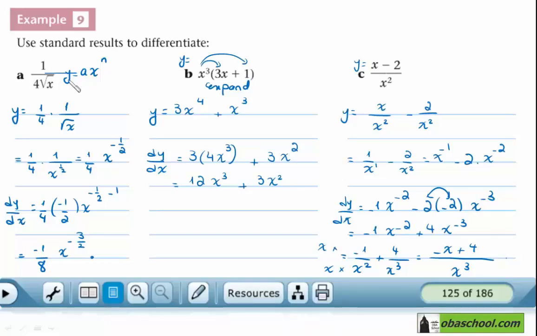As you can see, it is easy to expand or differentiate any expression if we modify it so it fits with our standard differentiation rules.